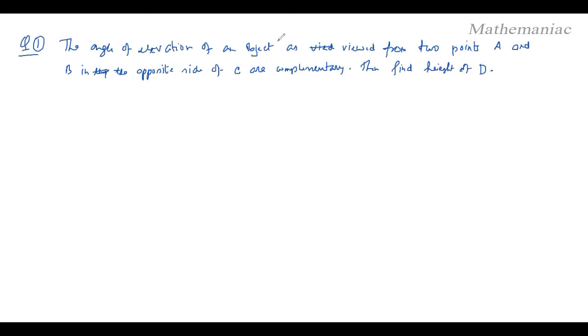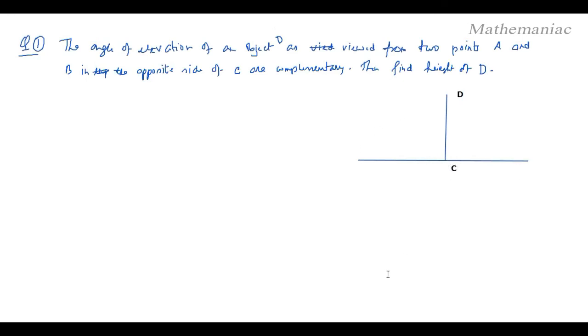This object is D. Object D, right? So here we have to draw a figure. I draw the figure first, and then we'll do the question. This is the horizontal line, and there is an object at a height. We do not know what the height is. That height we have to find. This is the object D, and this is the point C they were talking about.